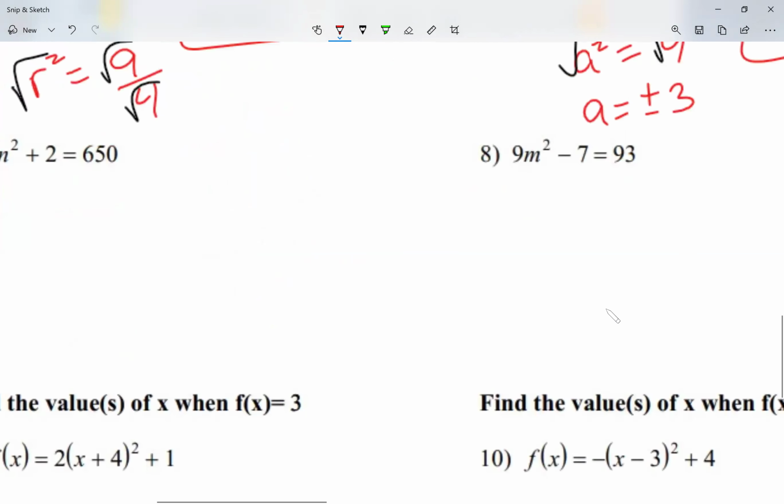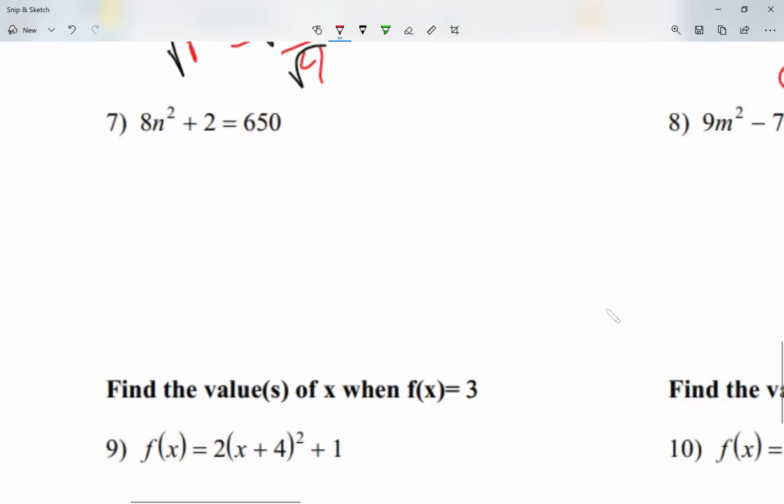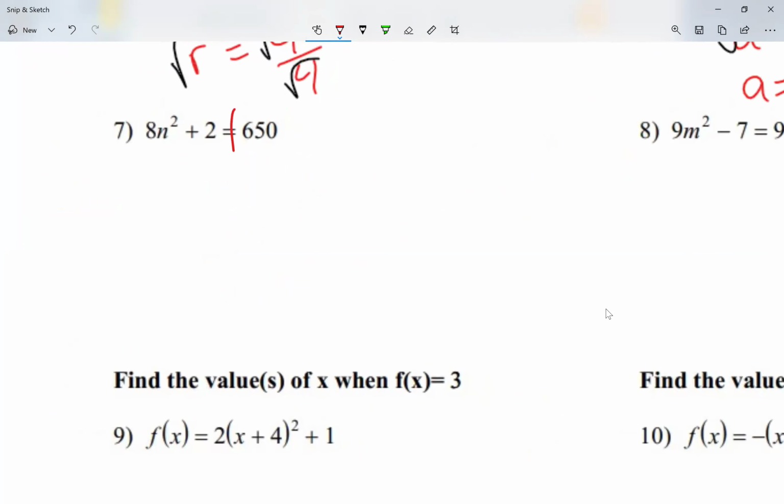Let's take a look at number 7. To begin with, let me separate them through the equal sign. My +2, I'm going to move it from the left to the right, but I'm going to call it -2. Don't forget to switch the sign. So we have that 8n² is equal to 648.